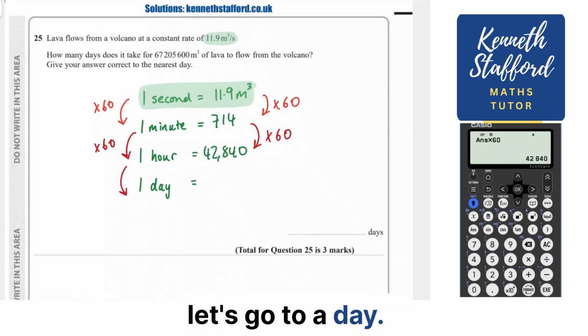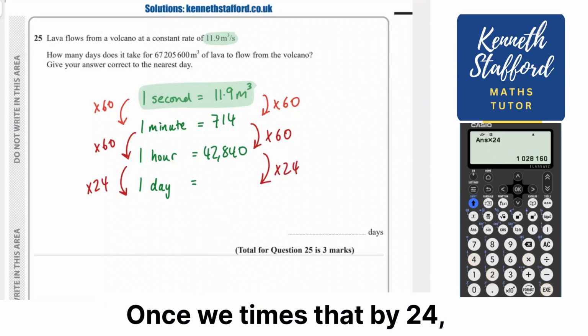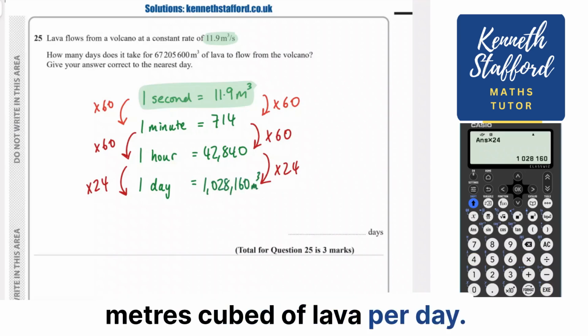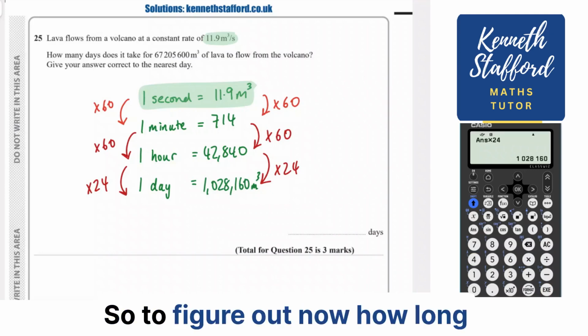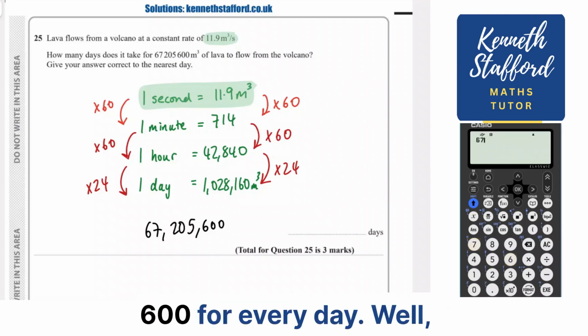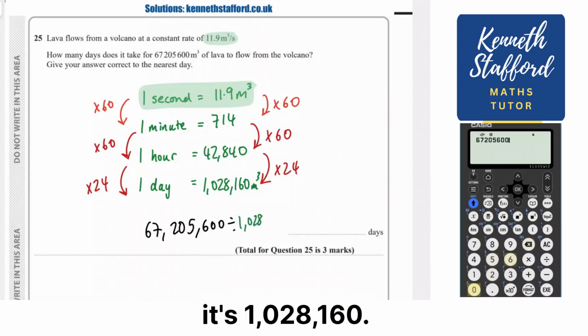And then I thought, let's go to a day. So 24 hours. So we're going to times by 24. Once we times that by 24, we get 1,028,160 meters cubed of lava per day. So to figure out now how long it takes for 67,205,600, well, we know every day it's 1,028,160.